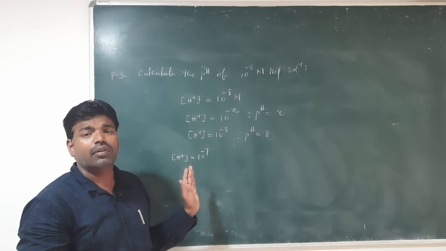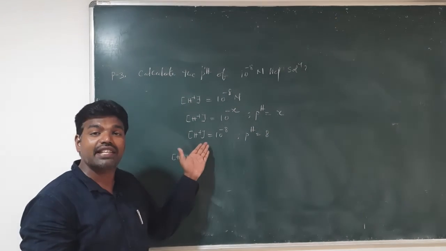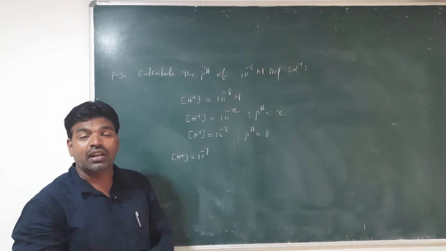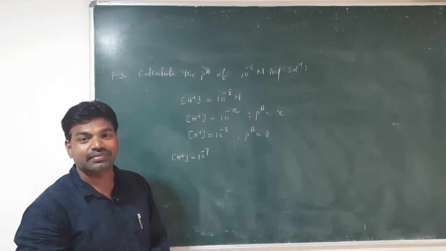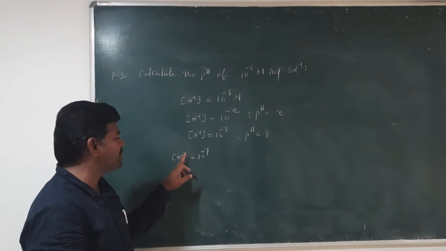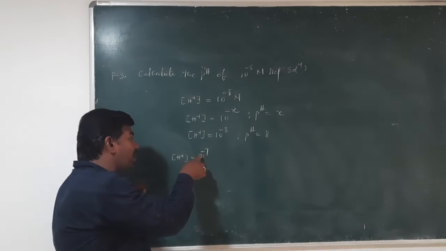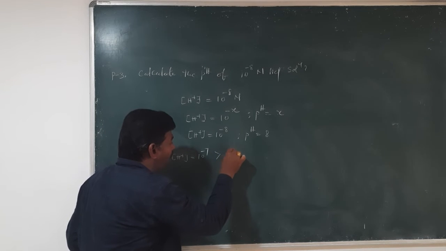We know that the concentration of H plus ions is 10 power minus 7 molar. That means if you take 1 liter of water, the concentration of H plus ions is 10 power minus 7. So, 10 power minus 7 is greater than 10 power minus 8.